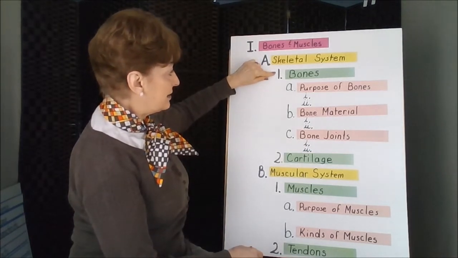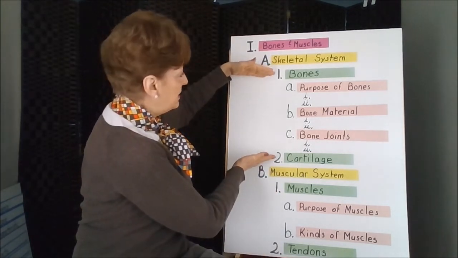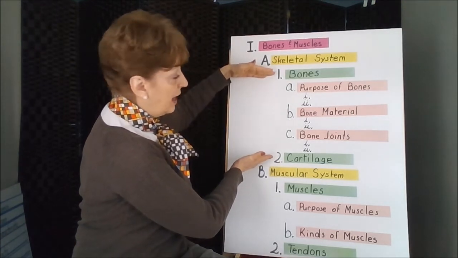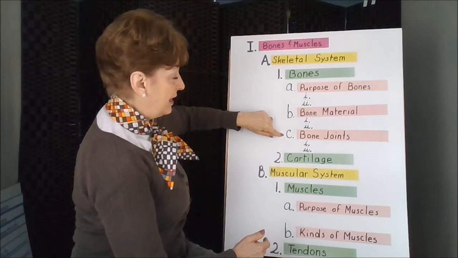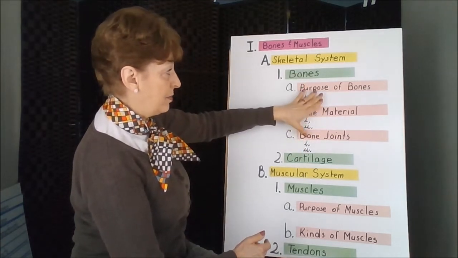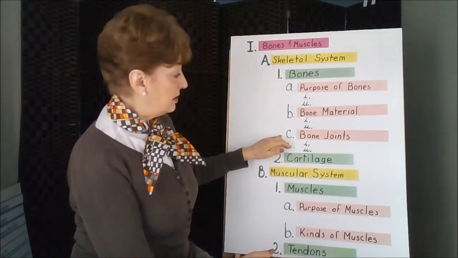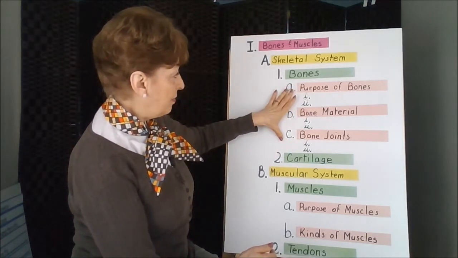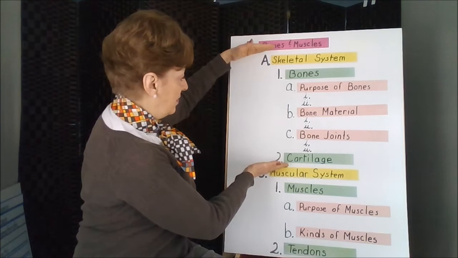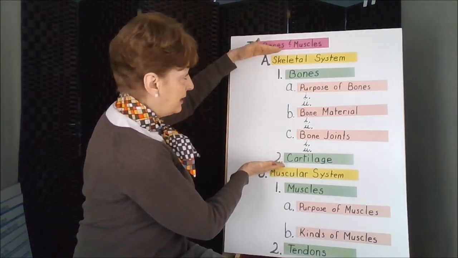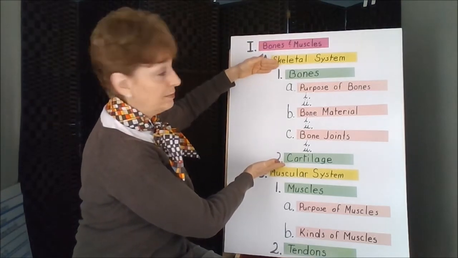Underneath the skeletal system, we've got two sections. We've gone to 1 and 2. And the topics, A, B, and C, are the purpose of bones, the bone material, and the bone joints. All of this information from the A to the B, just before we get to the B, is connected back to the skeletal system.